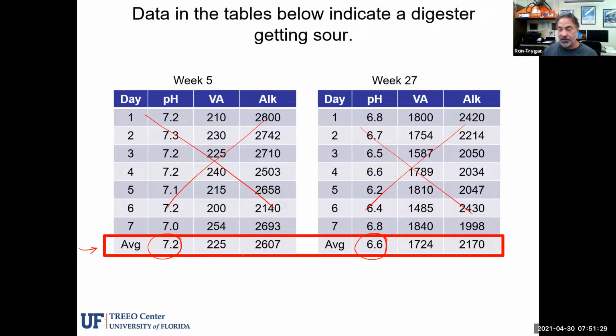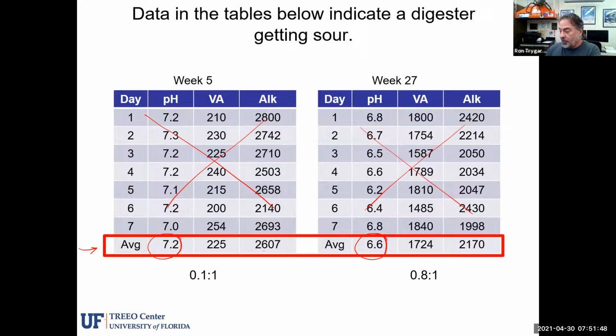That's a pretty good ratio, actually less than the 0.1 to 1. What about over here? Now we have 2,170 of alkalinity, but 1,724 of volatile acid. So we are way too high on the volatile acid in this situation.